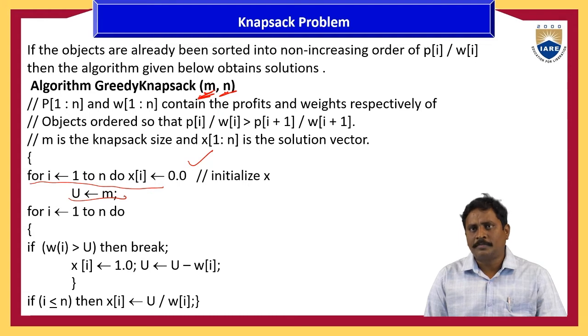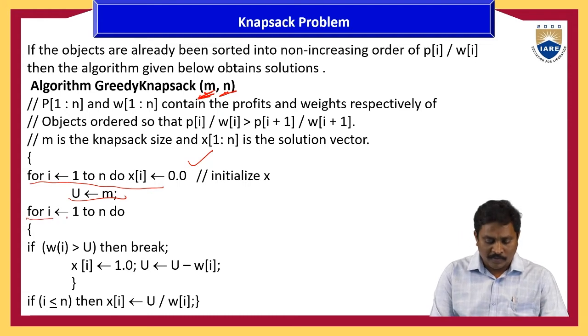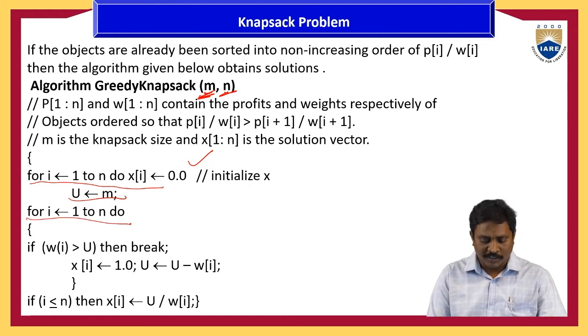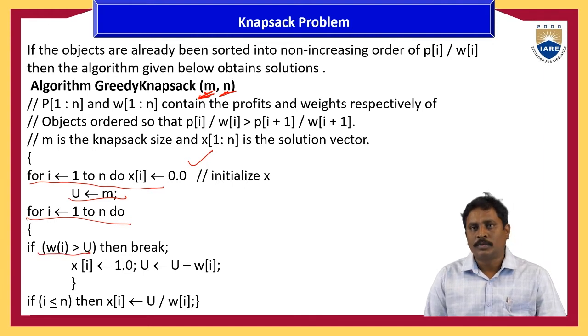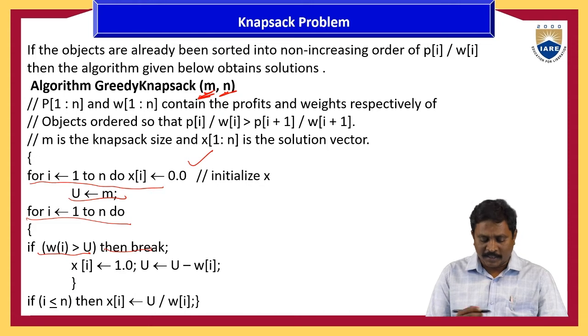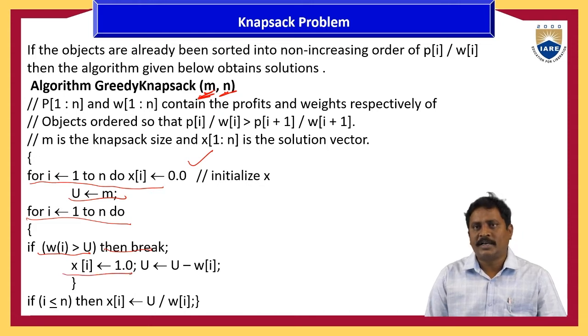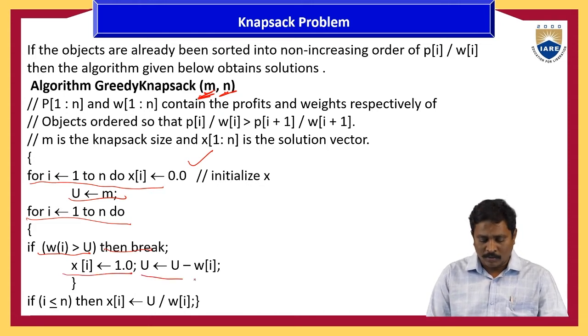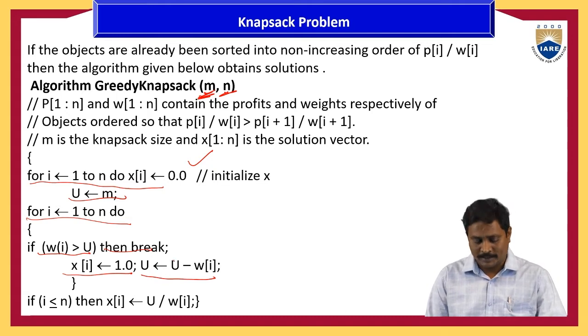U is assigned M. Now for i equal to 1 to n do, first we check whether Wi is greater than U, where U holds the maximum capacity value M. If so, break. Otherwise, we assign xi equal to 1 and subtract the weight from the remaining capacity. Like this we insert all the objects into the bag.